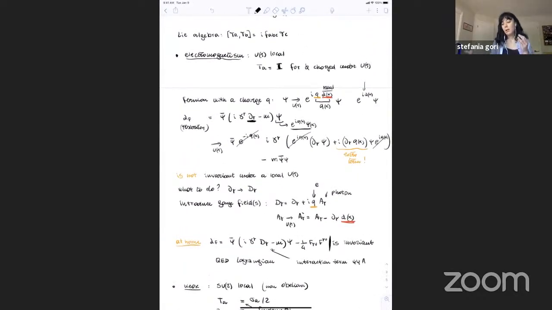What we are doing is, I wrote it down explicitly here for a U1, but it is the same also for the others. So what we are doing is to take, let's see, how do I explain this?